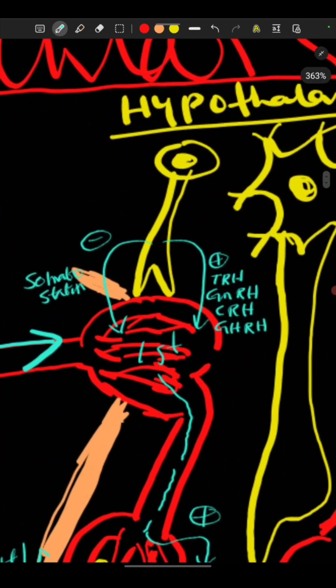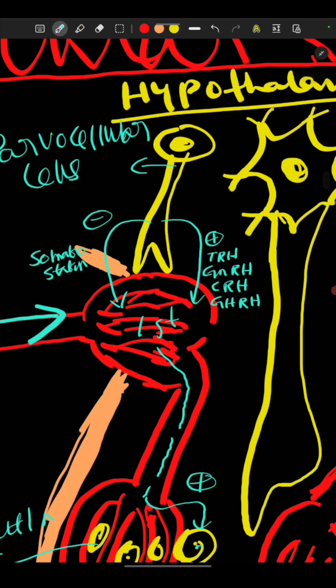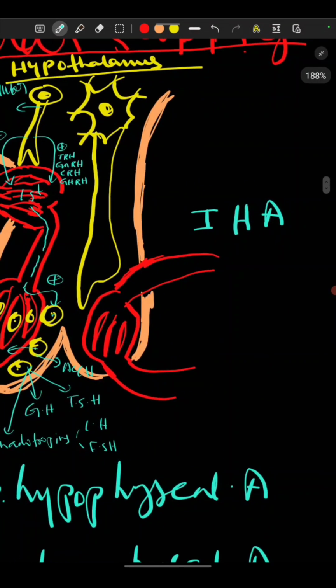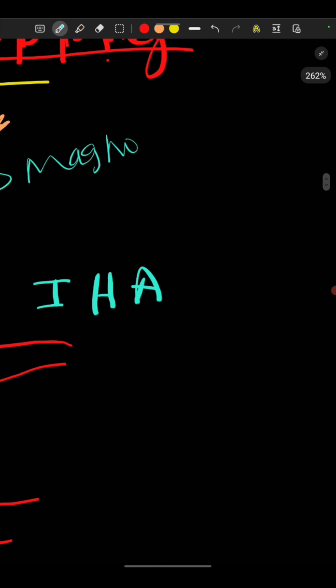The nerve cells controlling the anterior pituitary are very small, called parvocellular cells. And the nerve cells controlling the posterior pituitary are magnocellular cells, as they have their cell body buried in the hypothalamus.